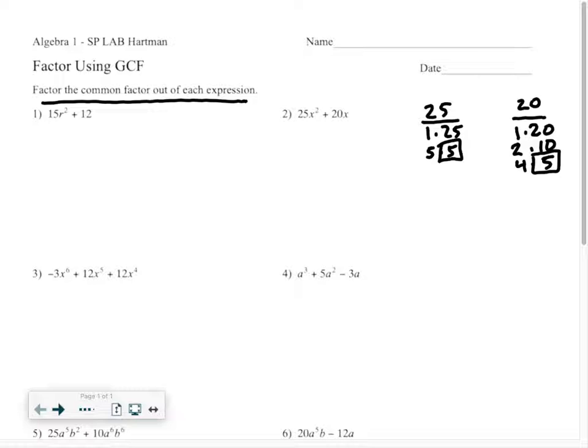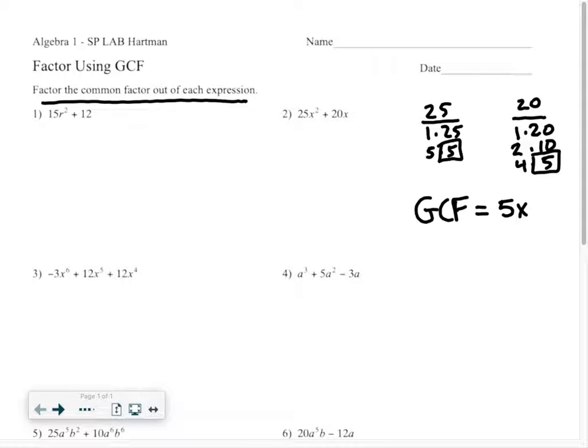When we look at the variables, we've got x squared and x, so the variable is in both terms. We take the lowest exponent, x to the first. So the GCF is 5x, and that is what we are going to factor out.